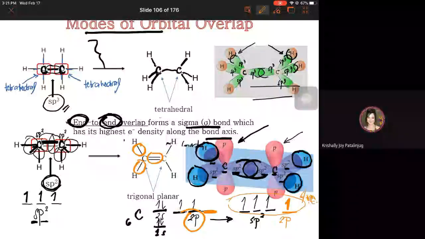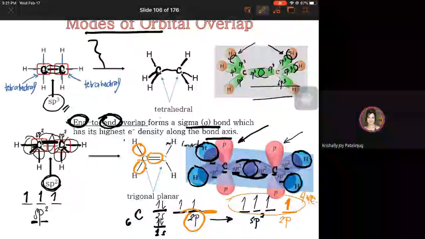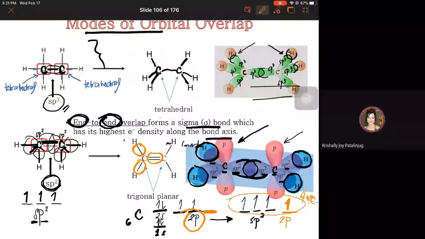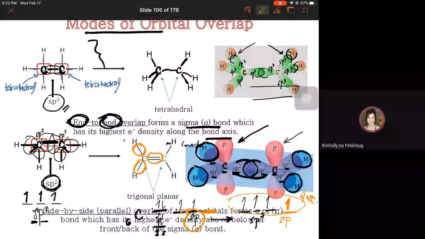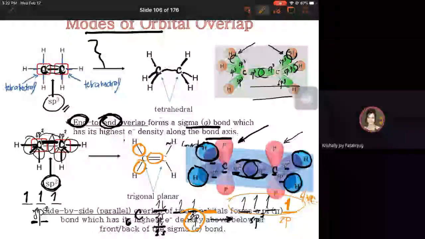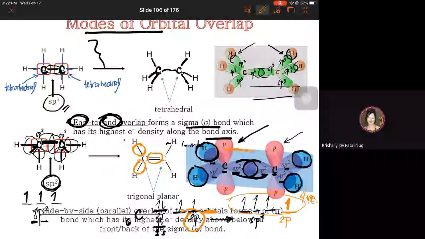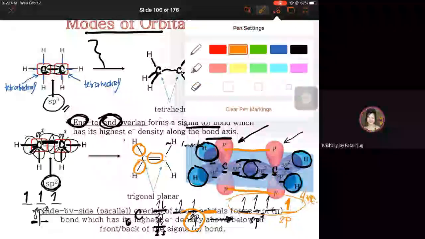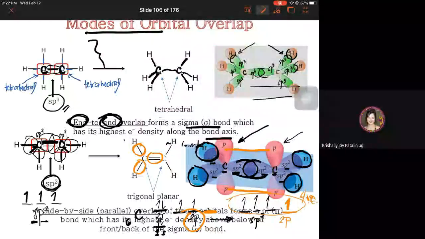Now, kapag may p orbital na yan, the same with the other carbon, meron din siyang p orbital. Kapag nag-overlap sila, side by side sila nag-overlap, hindi katulad ng sigma bond, kasi yung sigma bond, end to end collision.